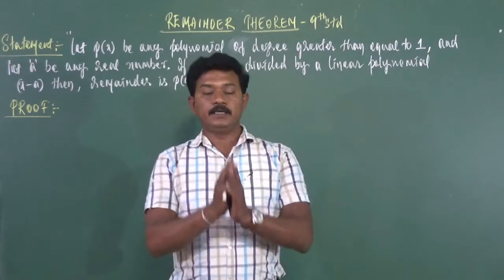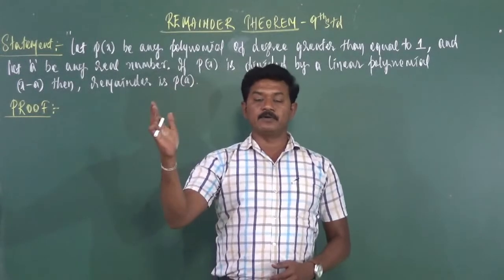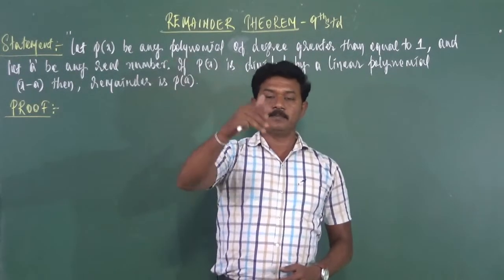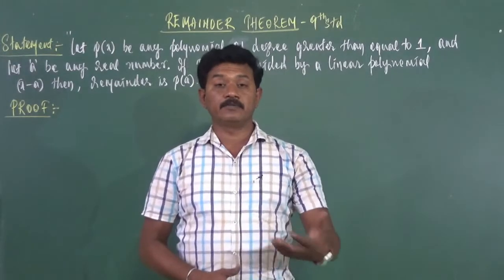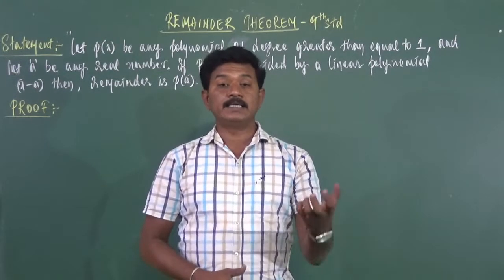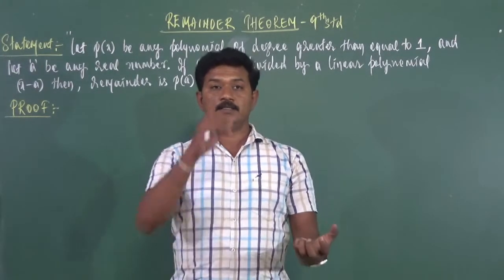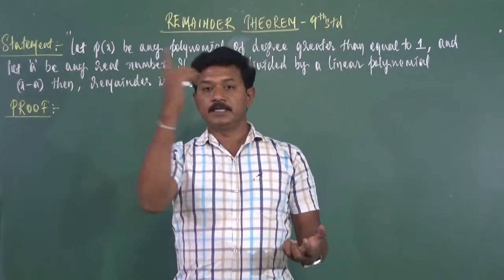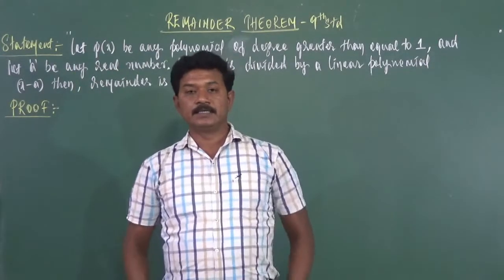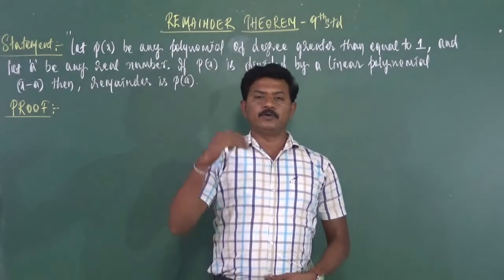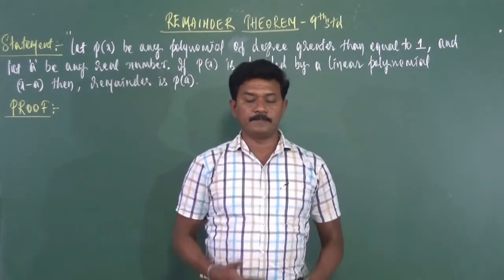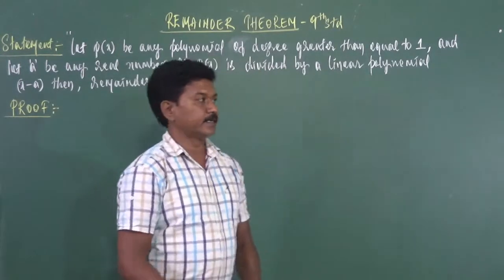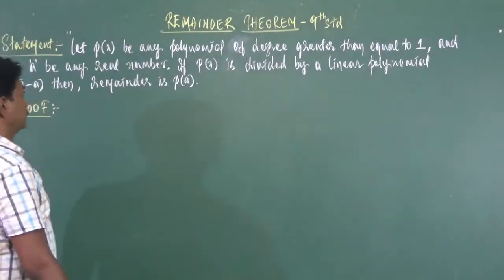If the zero of that linear polynomial is substituted in the polynomial, and we find the value of the polynomial, what we get at the end is the remainder when p of x is divided by the linear polynomial. That is the basic thing. We are going to prove this by an argumental proof or by logical reasoning. So let us enter into the remainder theorem.